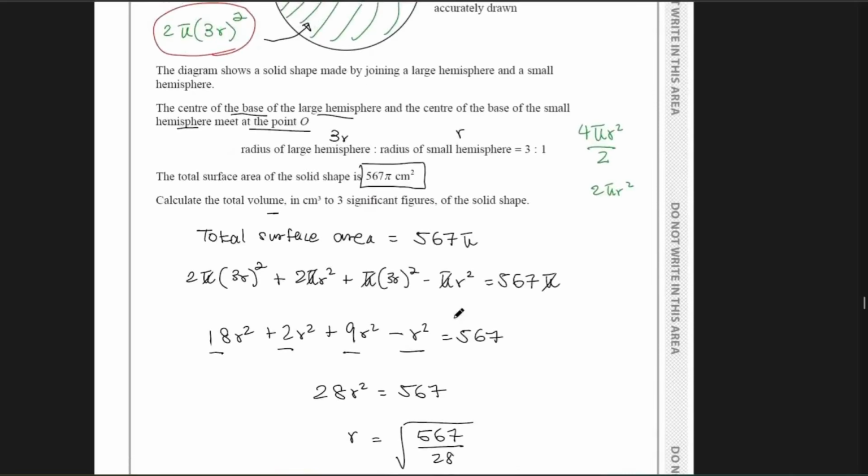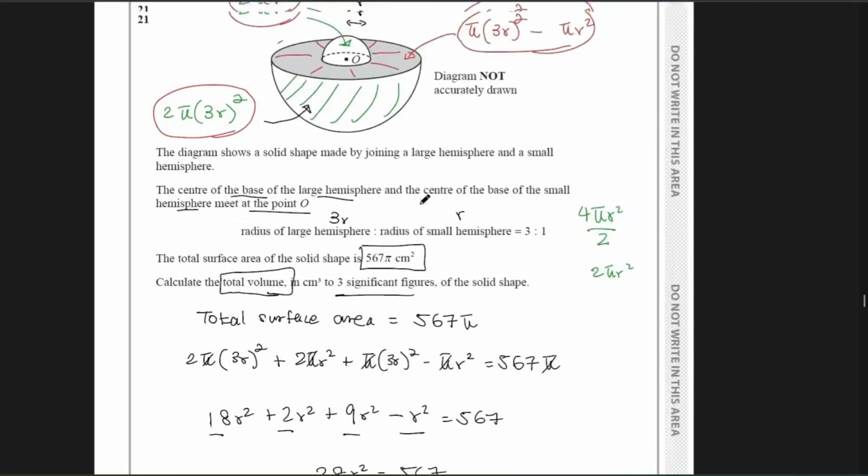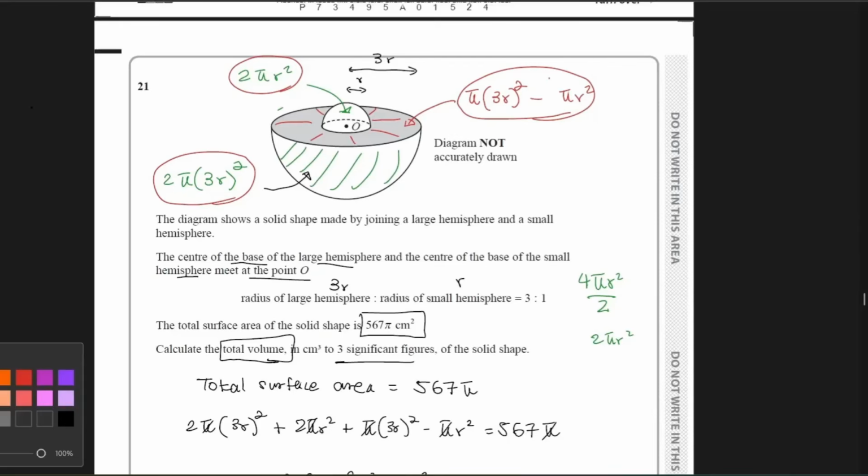We still need to calculate the total volume, and we need to express our answer in decimals to 3 significant figures. So let's think about the volume formula. The volume of a sphere is 4 over 3 pi r cubed.